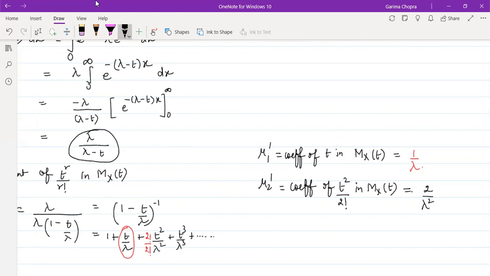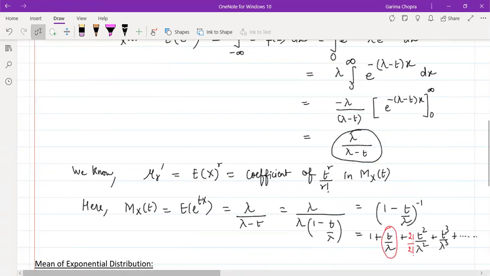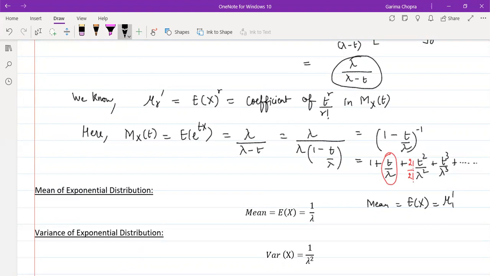So we have the first two moments about origin. Now, if we find the mean, we know that the mean is the expected value, and it is equal to the first moment about origin.